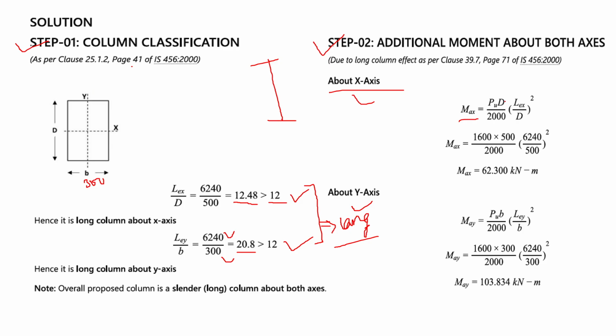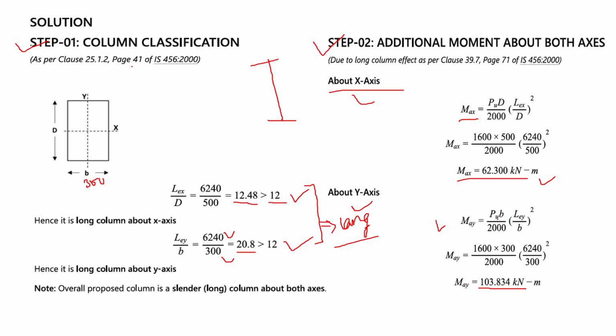So MAX is equal to PU D divided by 2000, into L effective divided by the depth of the column, the whole squared. That's why you are getting MX is equal to 62.3 kilonewton meter. And again you have to find it about the y axis. You are getting 103.